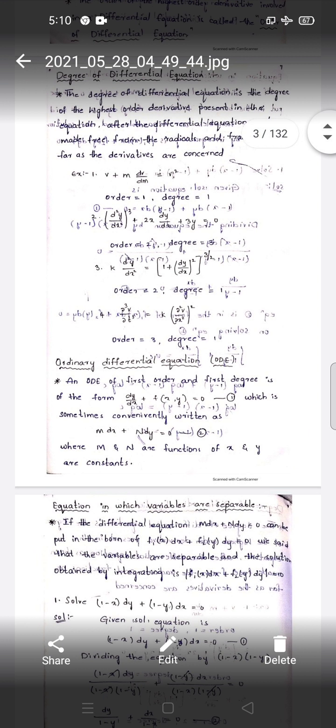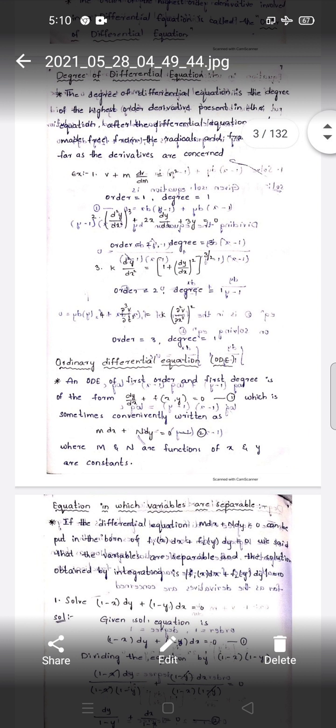can be put in the form f1 of x dx plus f2 of y dy is equal to 0. Then we say that the variables are separable, and the solution is obtained by integrating: integral of f1 of x dx plus integral of f2 of y dy is equal to 0.